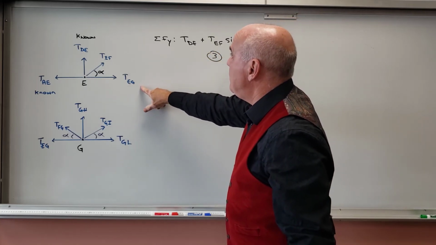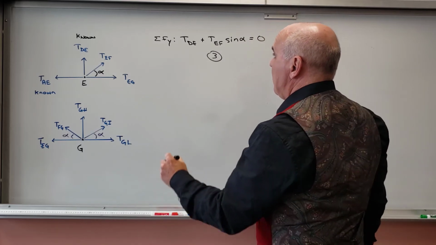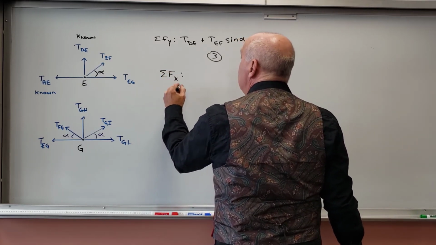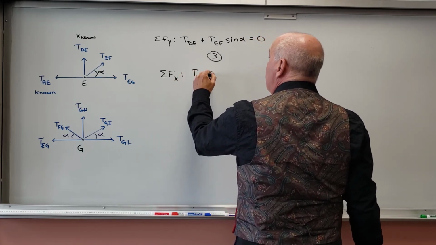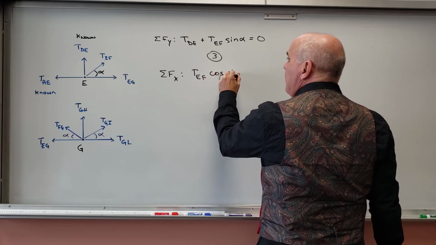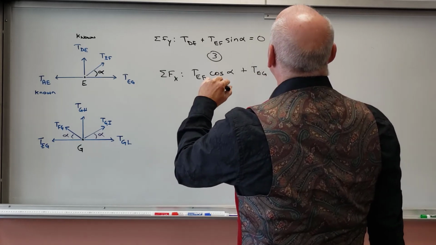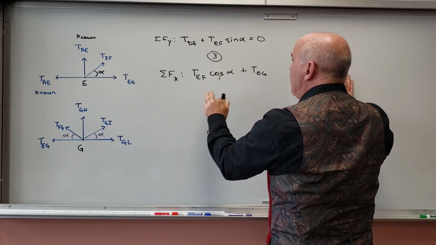But I don't know TEG, and so I need to do the sum of the forces in the x direction, and I'm going to get TEF cosine alpha plus TEG minus TAE, which is a known, equals 0. Make sure TEG was not one of the unknowns up there.